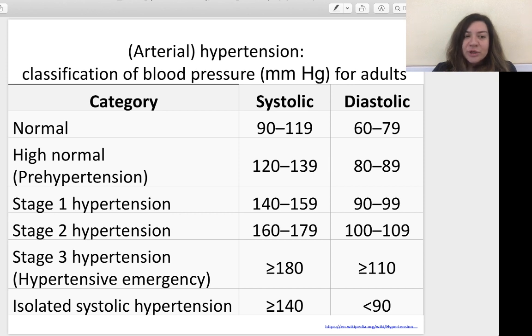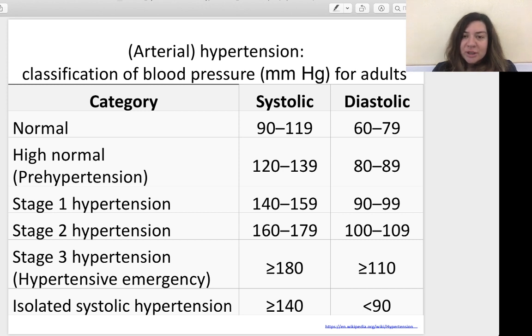Classification of blood pressure for adults. For modern guidelines, now we are ruled by European guidelines. American guidelines are a little bit different. The level of normal is a little bit lower in American guidelines, but in Ukraine we use European guidelines more, and here you see this classification.